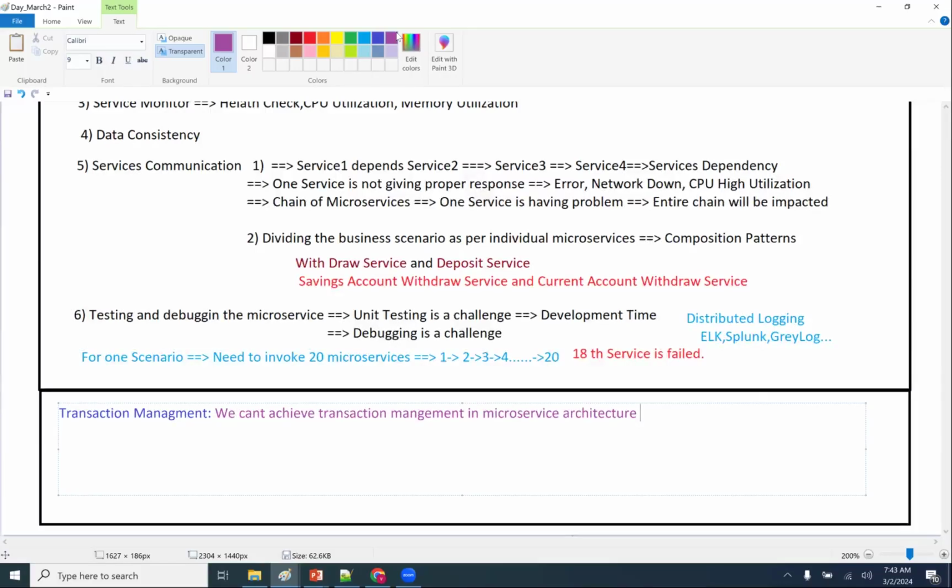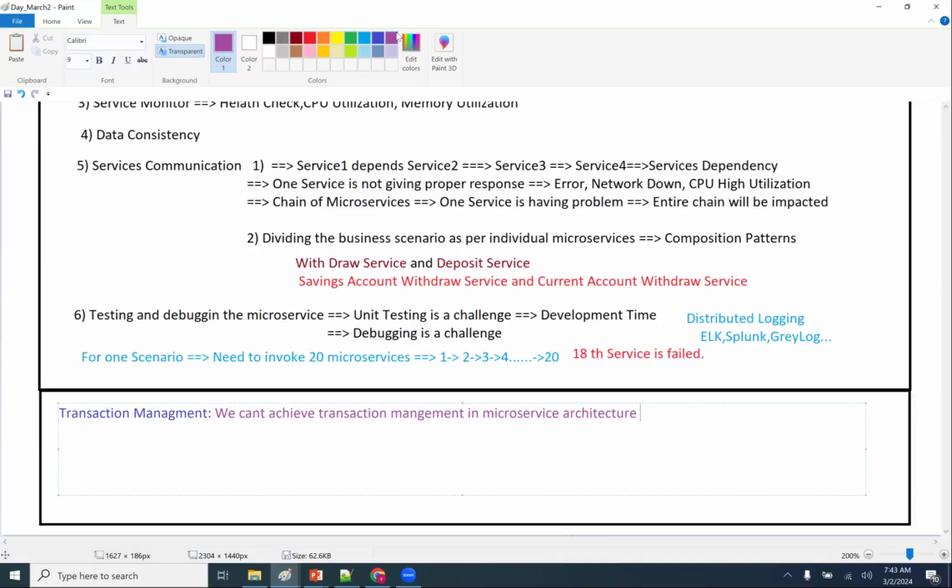Remaining points, design patterns are powerful. For the remaining 6 points, I can agree that all the design patterns are powerful. They completely support those limitations. But on transaction management, some patterns are available, but they are not up to the mark.